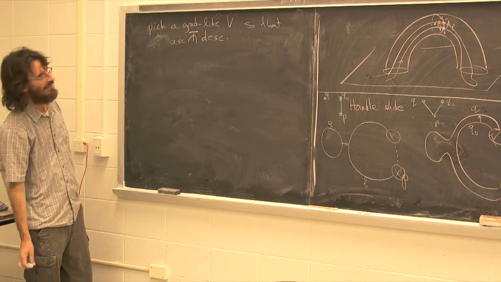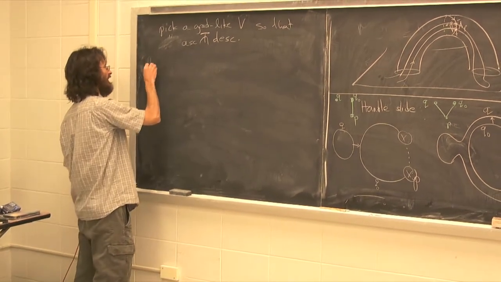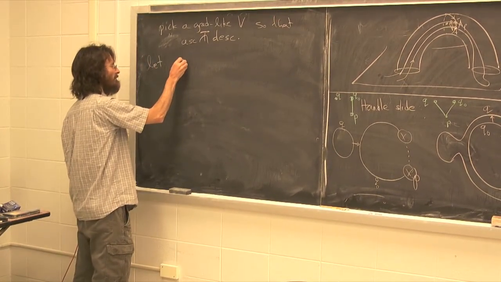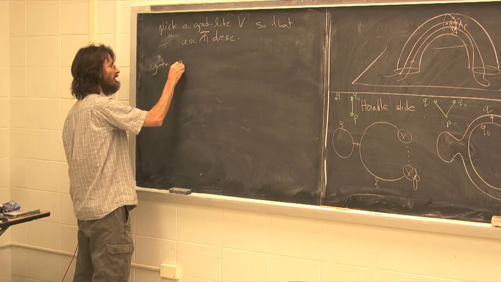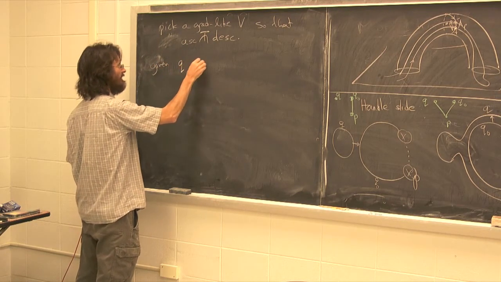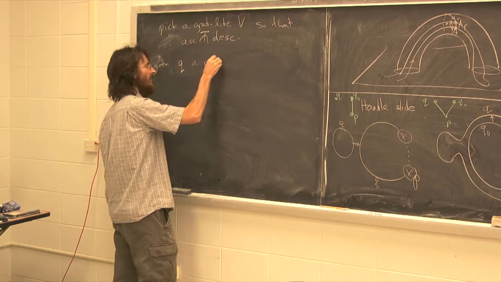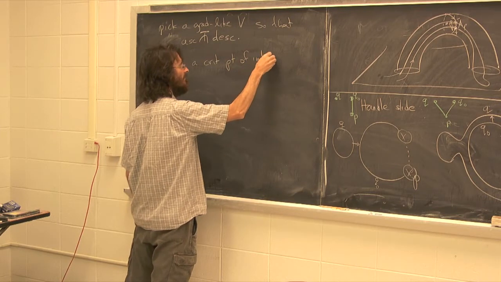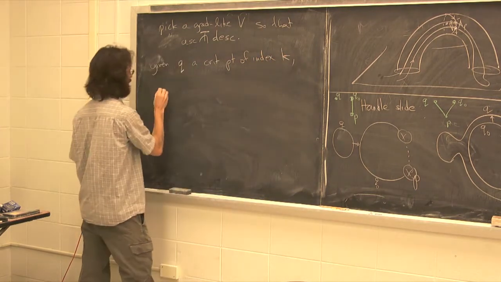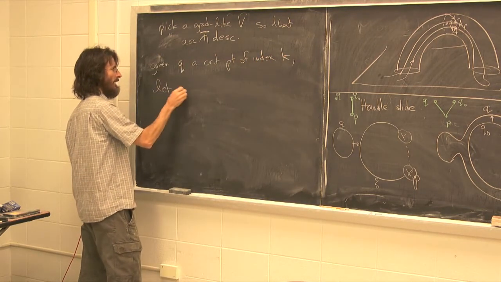And then, given a Q, a critical point of index k, let the boundary of Q be defined as follows.